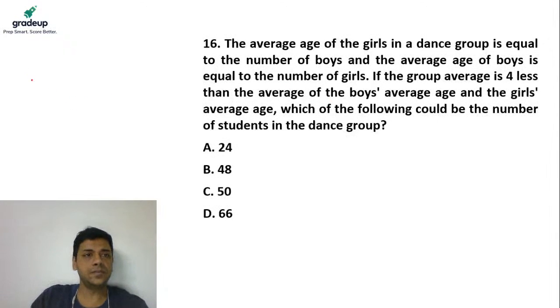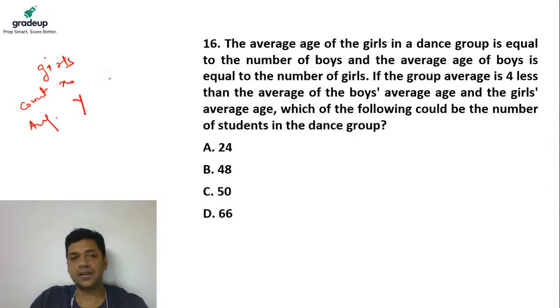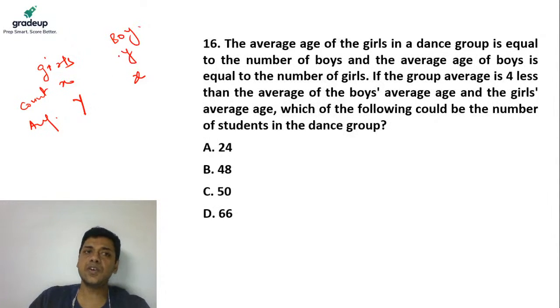So let's assume there are X girls whose average age is Y. Now, what does it say? Average age of boys is the same as the count of girls, and average age of girls is the same as the count of boys.